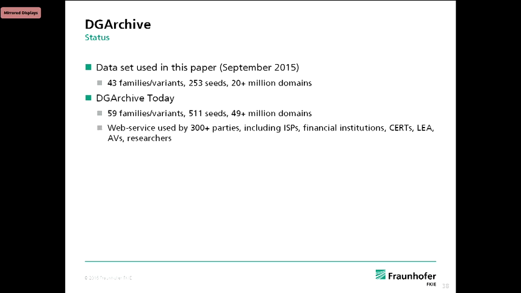DGArchive now tracks 59 families with 511 seeds and 49 million domains. The web service is already used by more than 300 different parties, including ISPs that are using it to protect their customers, some financial institutions, CERTs, law enforcement, AVs, and researchers. So it's basically having some impact, which is the nicest thing that you can have when doing research.